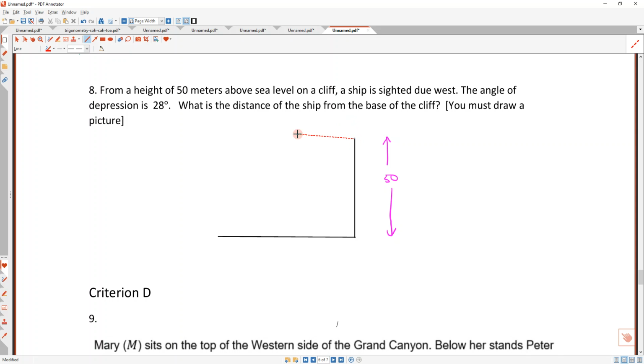So it's measured from here, okay? So the person is actually looking down to the ship, okay? So this is where the ship is. This is the angle of depression, which is 28.